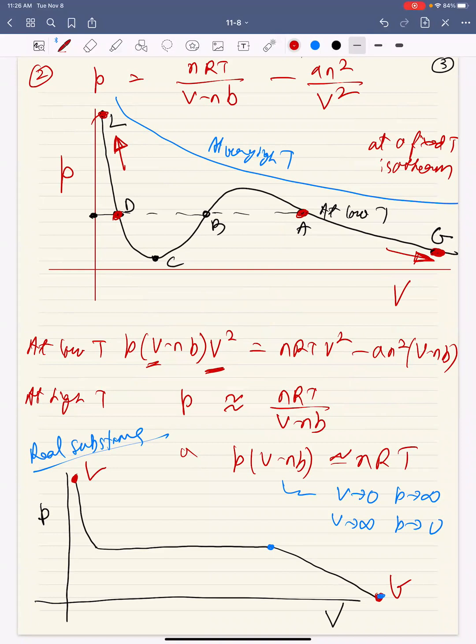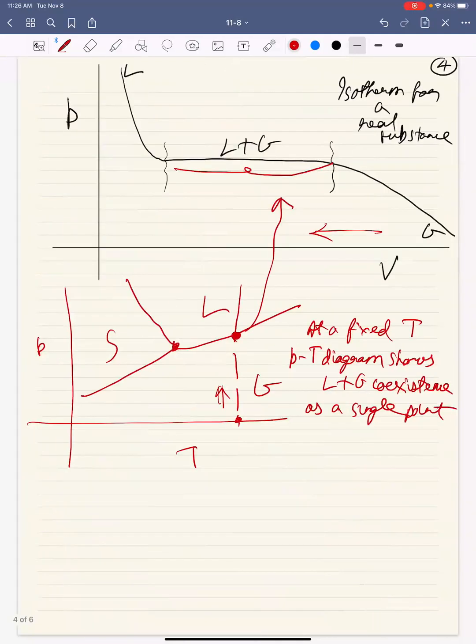So the real material follows van der Waals from L to D and from A to G. Everything in between from D to A is an artifact of the van der Waals equation. Okay, it's an artifact because van der Waals says they're cubic, and it fails over there. Now, what would an equation of state look like for a real substance that gives you this pressure volume curve? This could be a homework problem later.